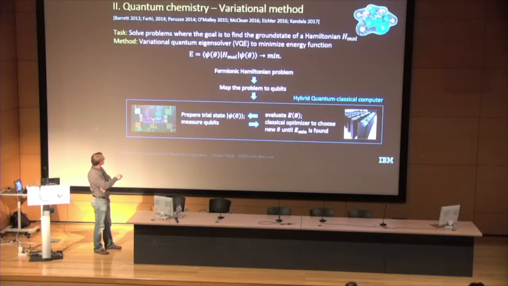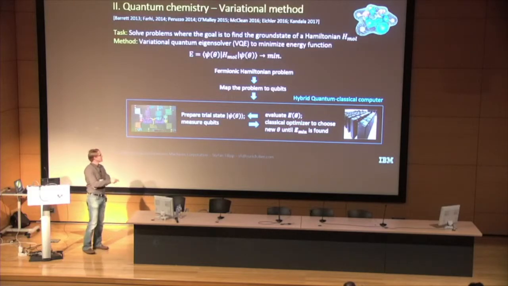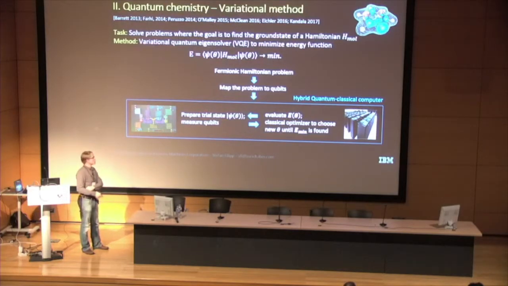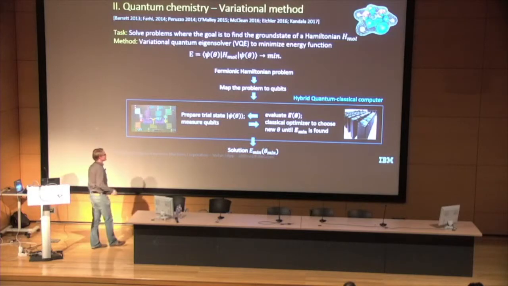This goes back into the quantum system. We prepare a new state, evaluate again, choose another theta until we find the minimum of this energy. So there's a classical optimization step for preparing the best trial state which minimizes this energy until we find the solution.